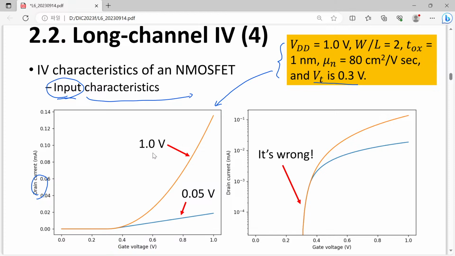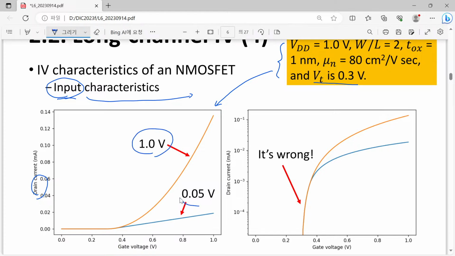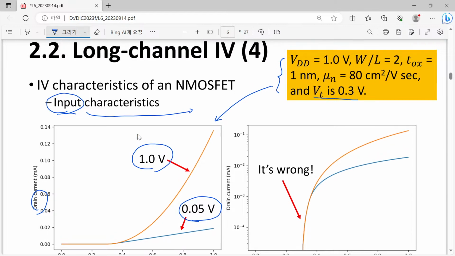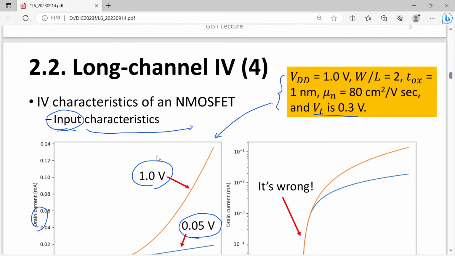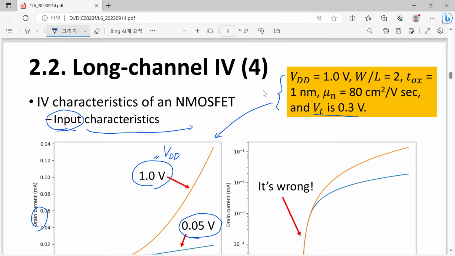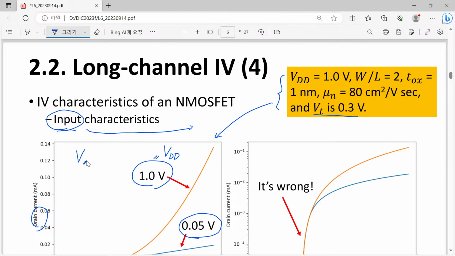Although this is 1.0, it is not fixed; this value should be the value of your VDD. So when you draw input characteristics, one you have to draw is when your drain-source voltage is VDD. This is one condition you have to have.